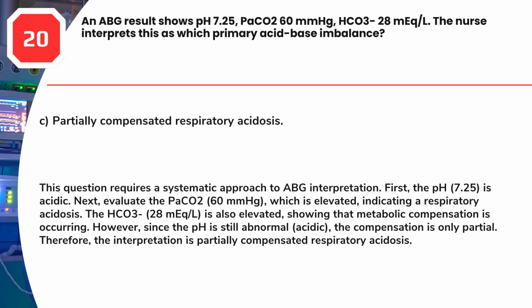The HCO3, 28 milliequivalent/L, is also elevated, showing that metabolic compensation is occurring. However, since the pH is still abnormal, acidic, the compensation is only partial. Therefore, the interpretation is partially compensated respiratory acidosis.